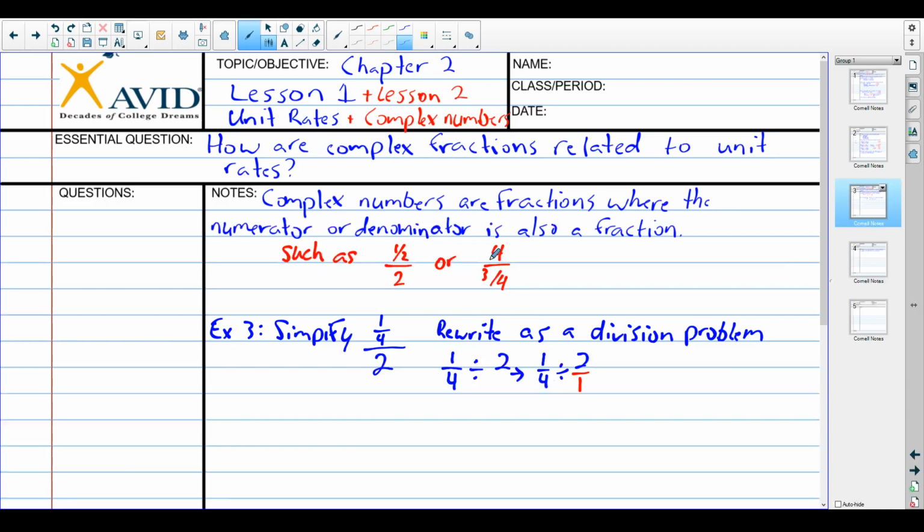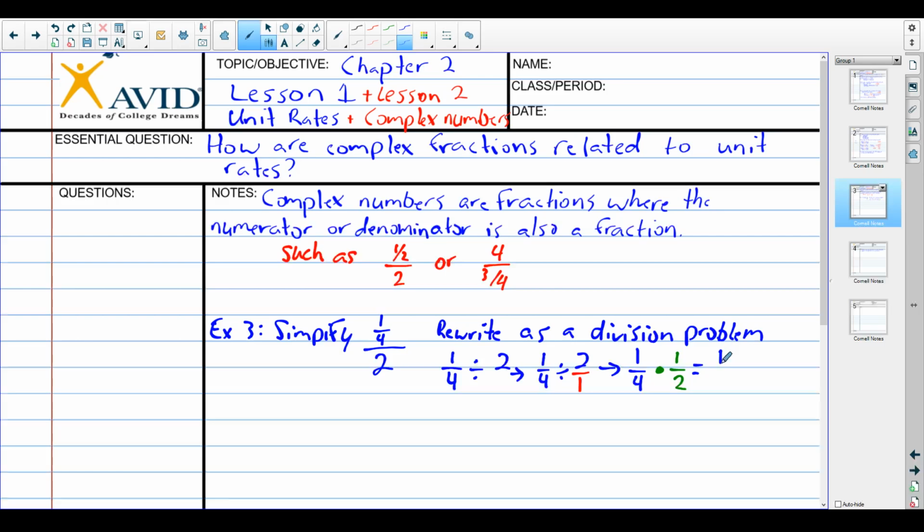And then because we never actually want to divide fractions, we change it to a multiplication problem. So we keep the first number the way it is, and we're going to flip division to multiplication. And then we're going to take the reciprocal of our second number. So 2/1 becomes 1/2. And then we're just multiplying fractions, which is just a matter of going straight across.